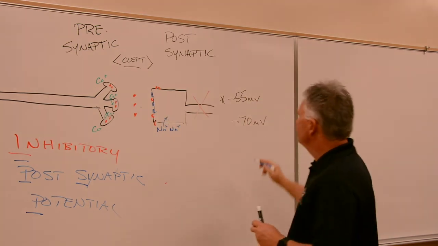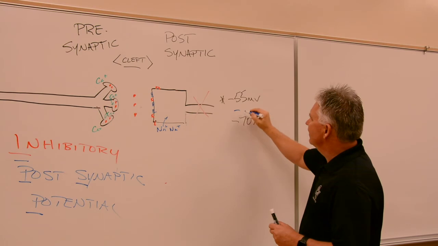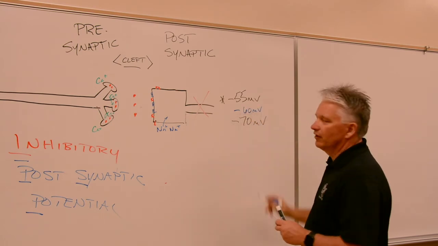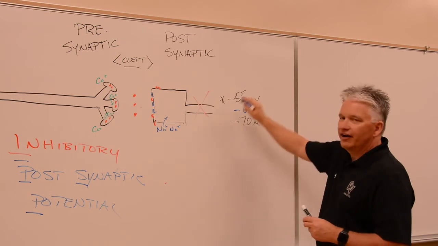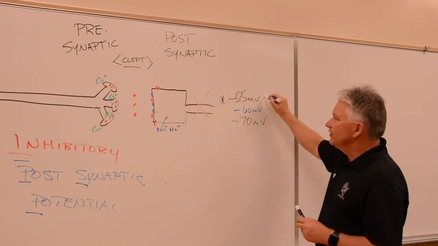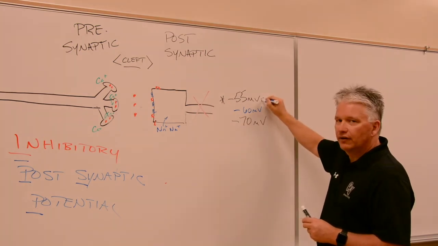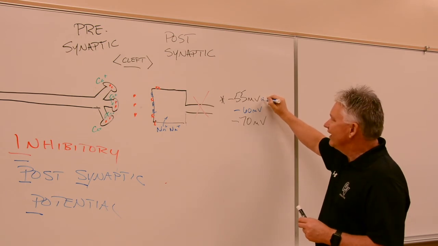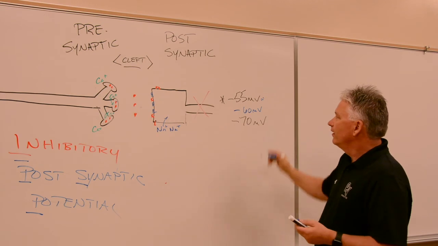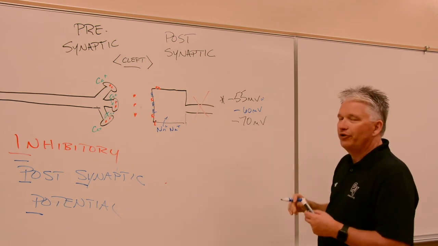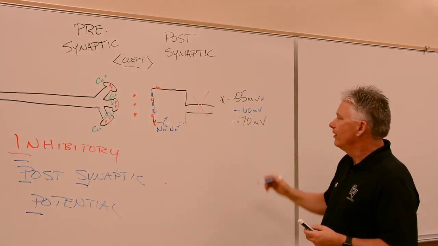Enough sodium to get us to, let's say, -60 millivolts. Did this thing fire? Did I reach threshold? No. I've got to get to -55 for those voltage gates to open. If I don't reach that threshold, they're not going to open.